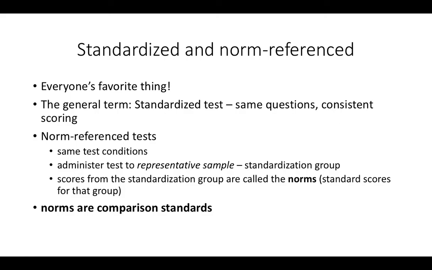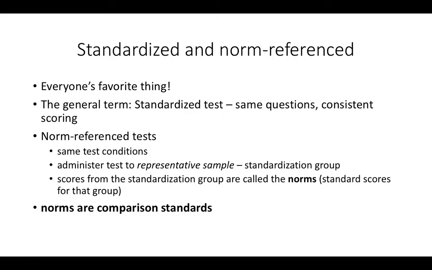A norm reference test just means that the results are compared to a standardized group or a norm. So in a norm reference test, you give everybody the same test conditions. So it's a type of standardized test.